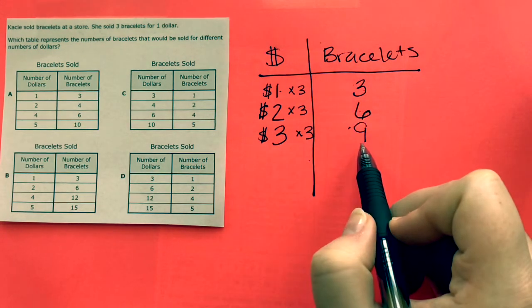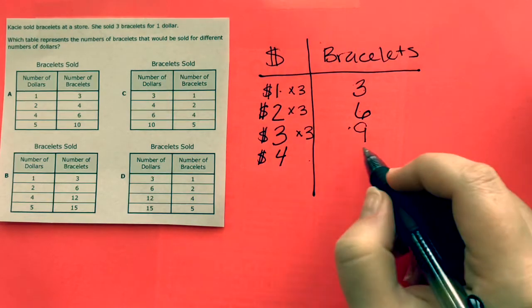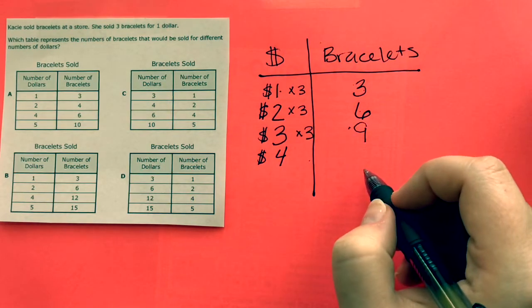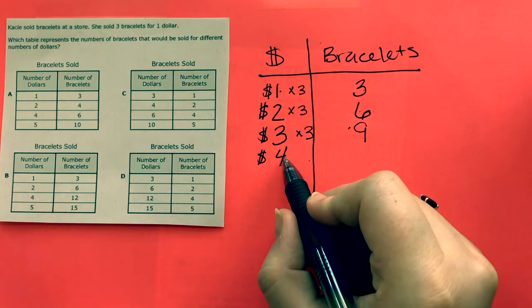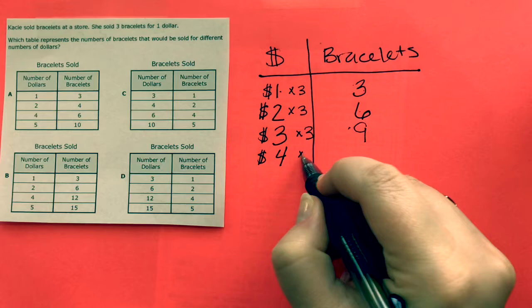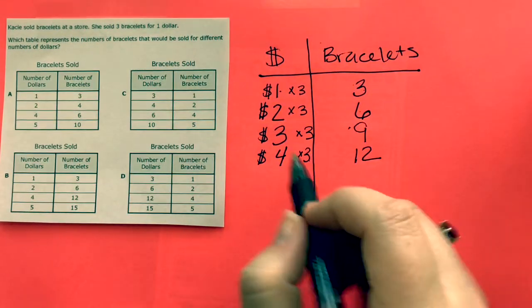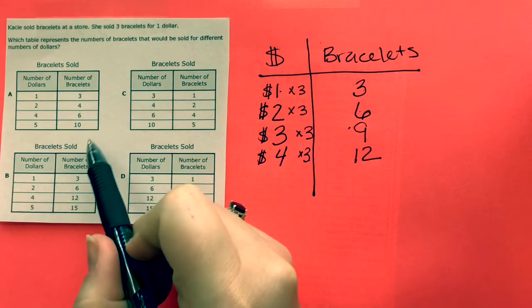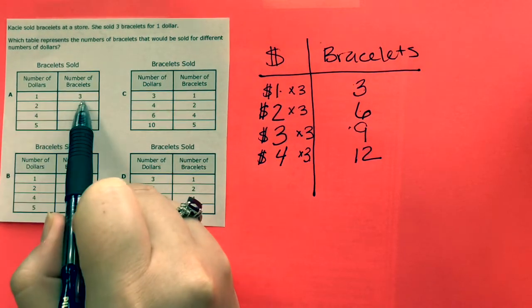So 3, 6, 9. So how many bracelets would I be making if I got $4? Well, I need to times that by 3, and I would get 12 bracelets. So this is our pattern. Now if we go over here and look at our choices, we have bracelets sold. $1 is 3 bracelets.